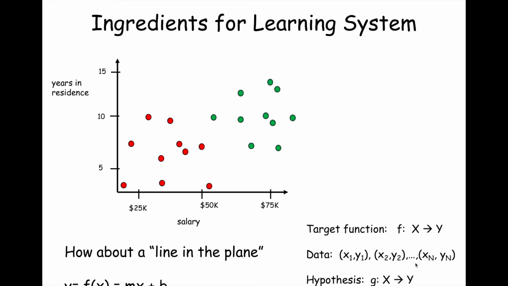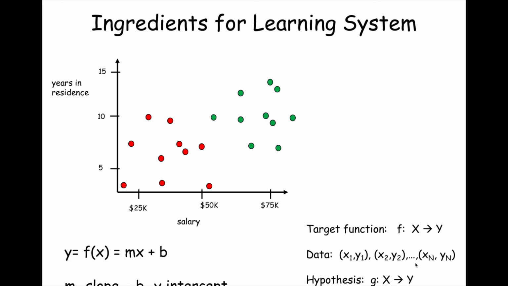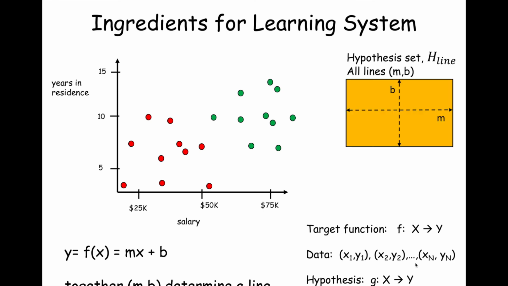So we don't know which line, but we think that some line will closely mimic how this target function has assigned the +1 green and the -1 red labels to each one of these data points, each of which represents a customer. Okay, so a line is defined by two parameters, a slope and a y-intercept. So m is the slope, of course, and b is the y-intercept.